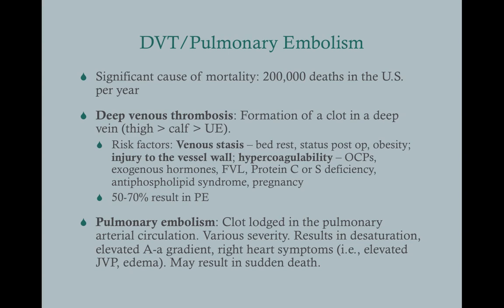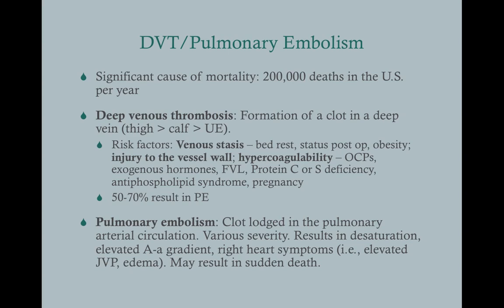And like I said, about 50 to 70% of cases of DVT result in pulmonary embolism. So what's pulmonary embolism? It's simply a clot lodged in the pulmonary arterial circulation. And now, depending on the size of the embolism, that's going to result in a various spectrum of severity.